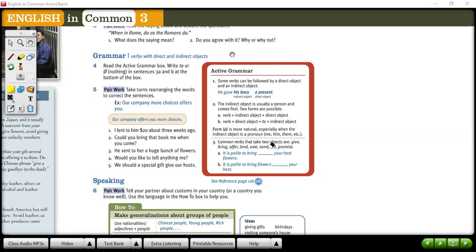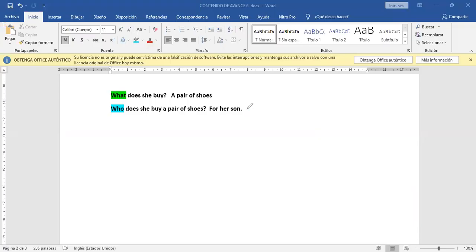Let's use tell. An example with tell. Nilton told a secret to Carlos.